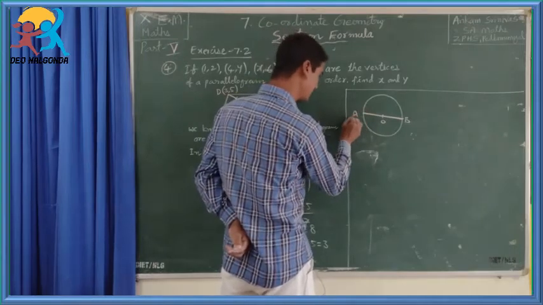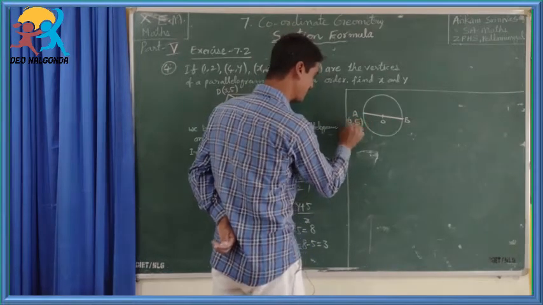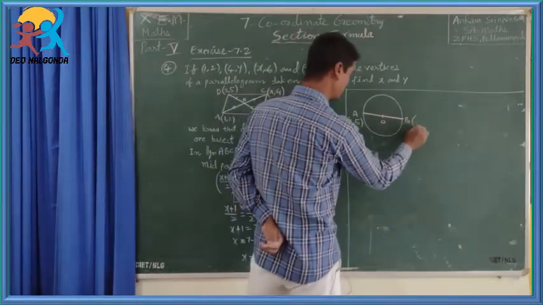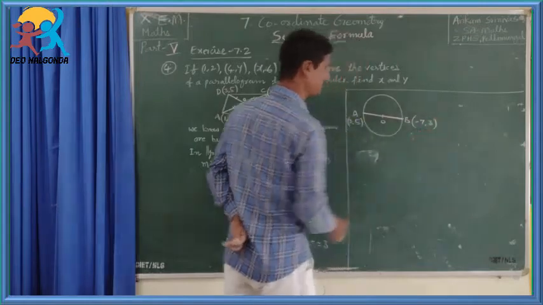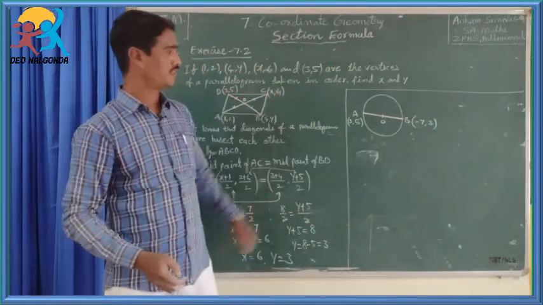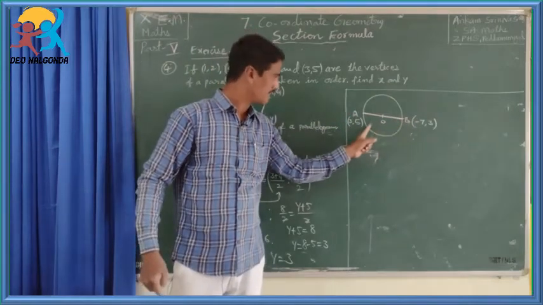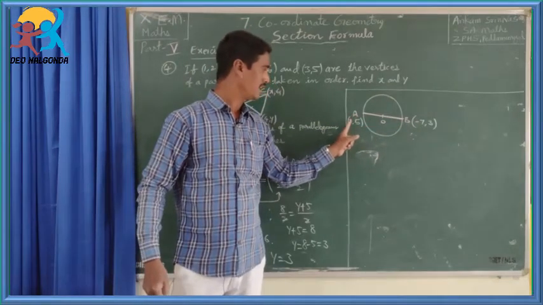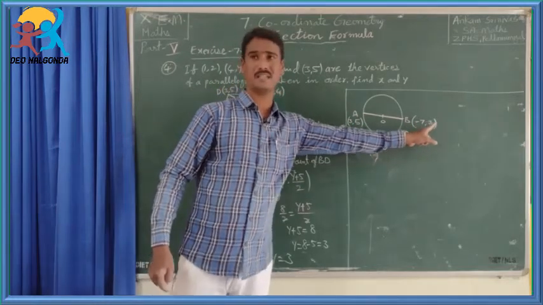Let us suppose A is (3, 5) and B is (-7, 3). Now, given the endpoints of the diameter of a circle, A (3, 5) and B (-7, 3).